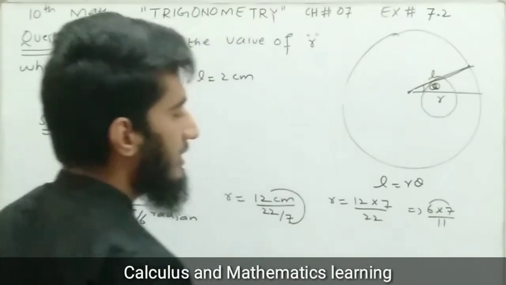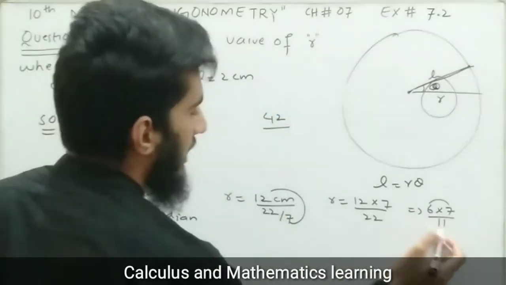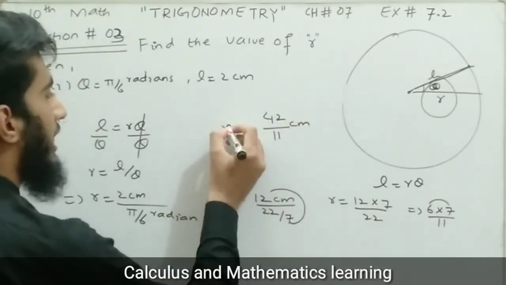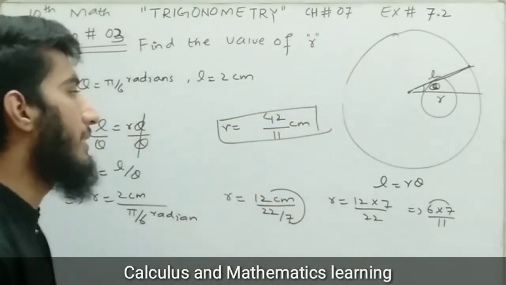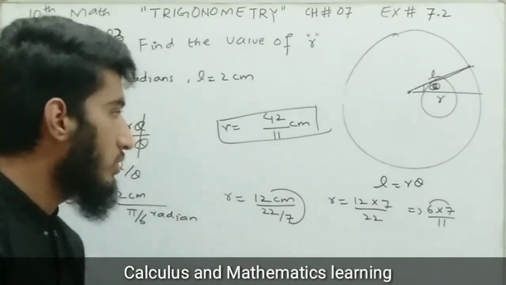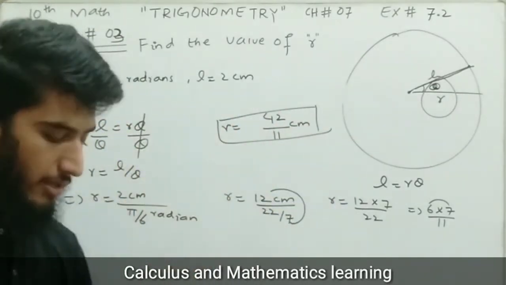So 6 multiplied by 7 gives us 42. 42 divided by 11, so this is the required radius of the given circle. You can also find the exact value of radius r by dividing 42 by 11 in the calculator. So this is the required radius of the given circle for part number 1.